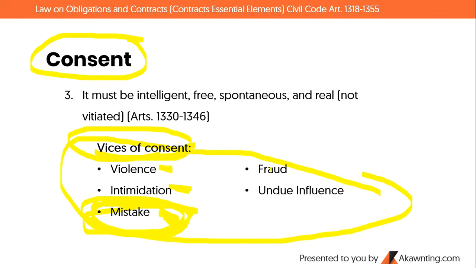Okay? And next, ito, fraud, panloloko, okay? Pero, nung obligations, I believe we talk about two types of frauds. We have fraud in obtaining consent, or usually we call that dolo causante and the dolo incidente.